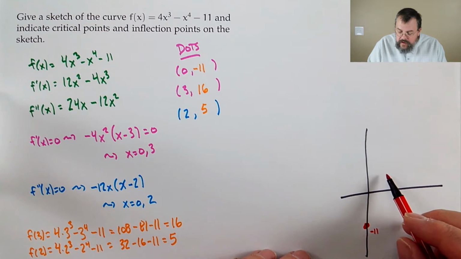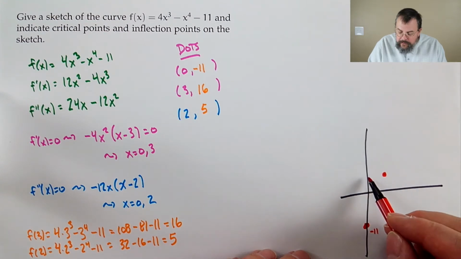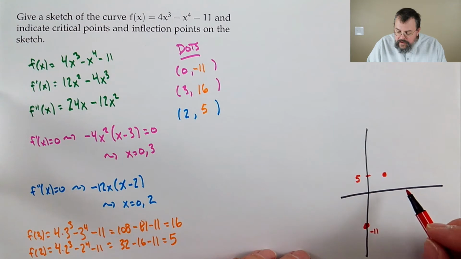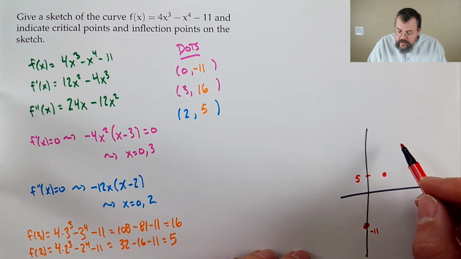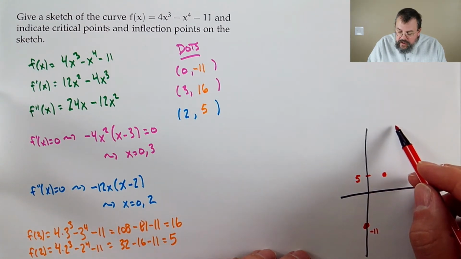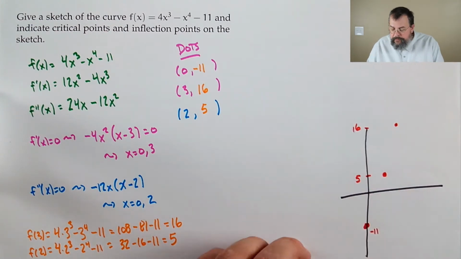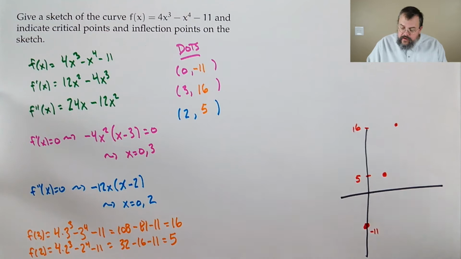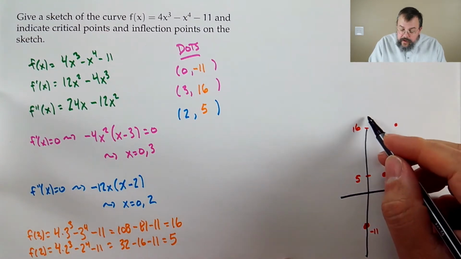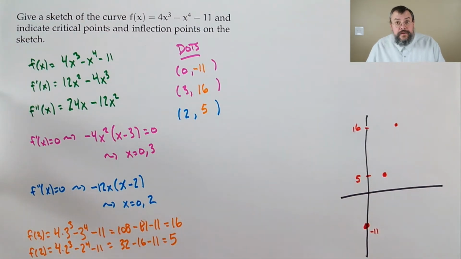So let's say this here is at 2, comma 5. And then we have at 3 and 16. Well, that'd be roughly up here. Okay, so here's 16. All right, so there's our points. Interesting. Well, okay, let's see what happens.